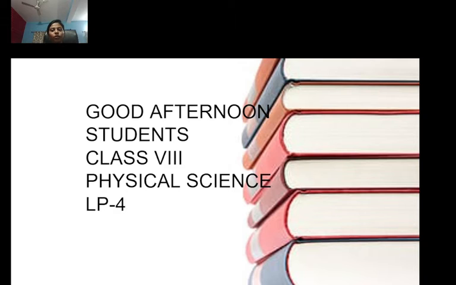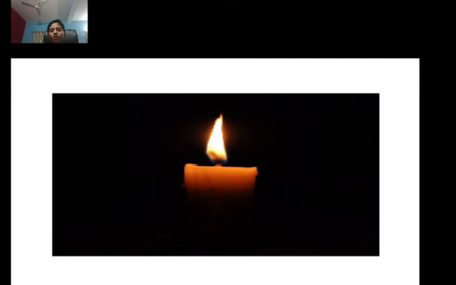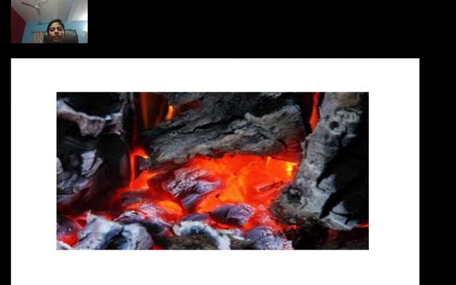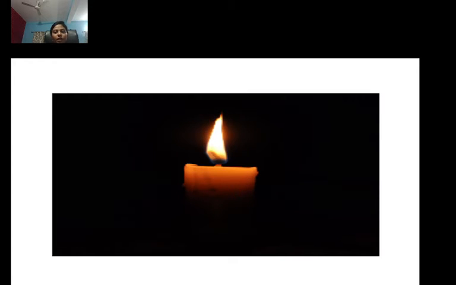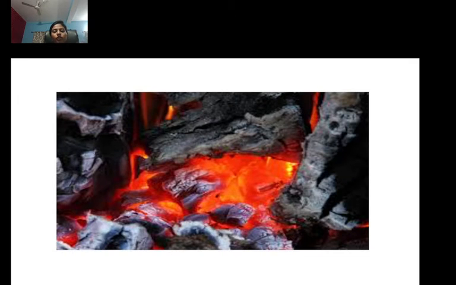Now you are all familiar with the burning of a candle and coal, students. This is the burning of the candle and this is the coal, right? Have you noticed any difference between the burning of a candle and the burning of coal?